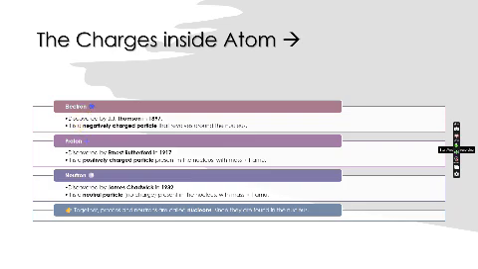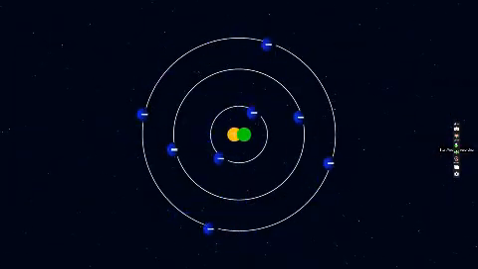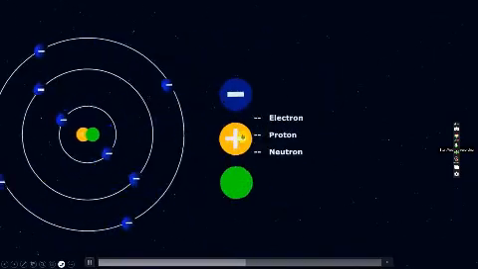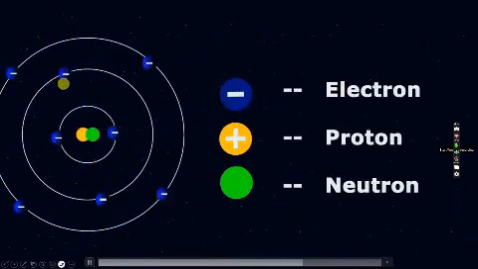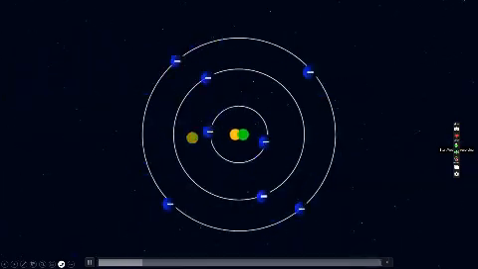Electrons are negatively charged, protons are positively charged, and neutrons are neutral, means they have no charge. And proton and neutron are present in nucleus, and electrons are present in shells, which also revolve around nucleus.